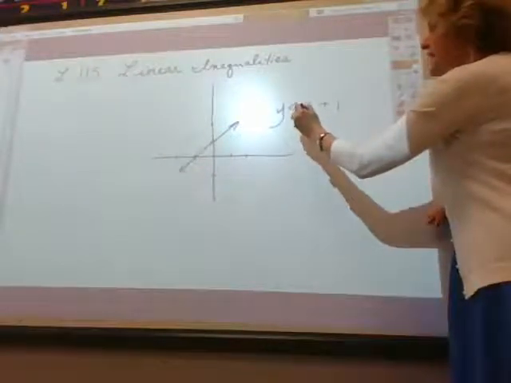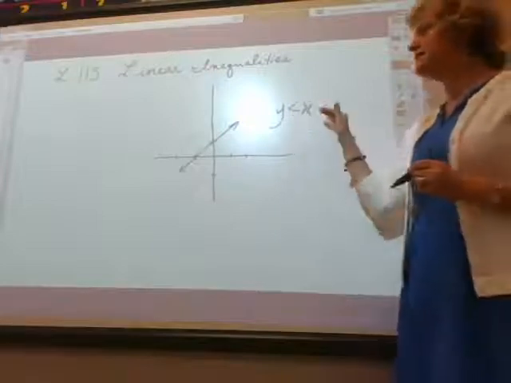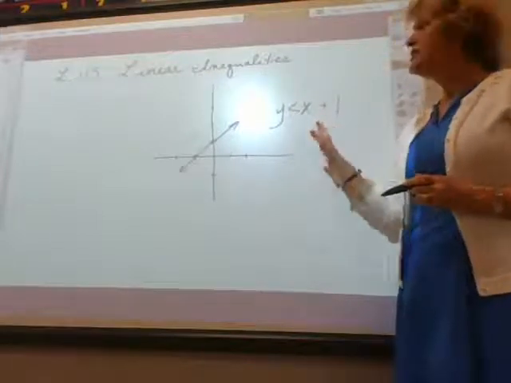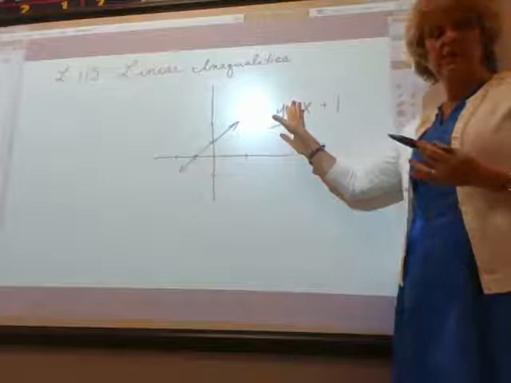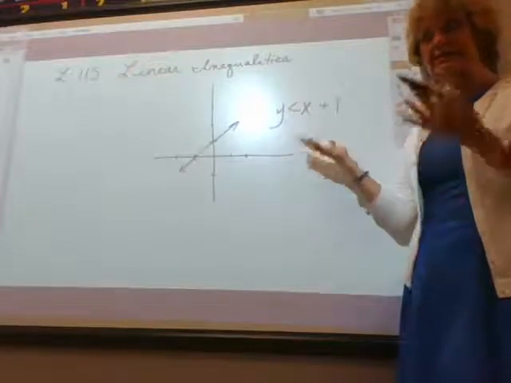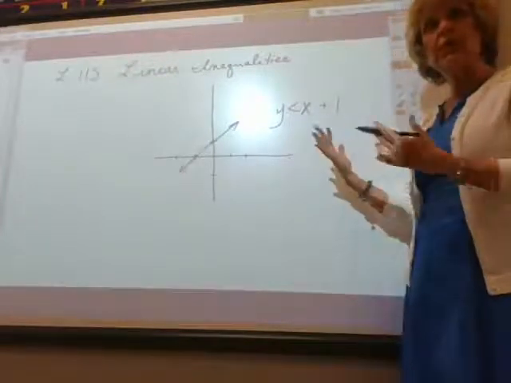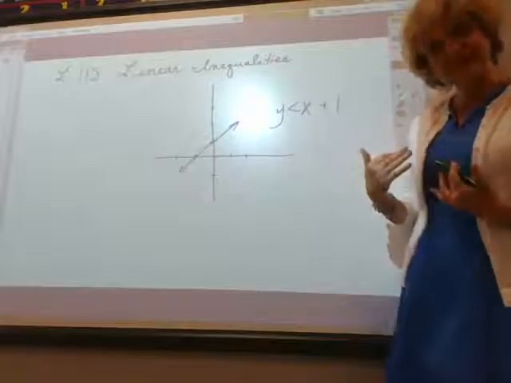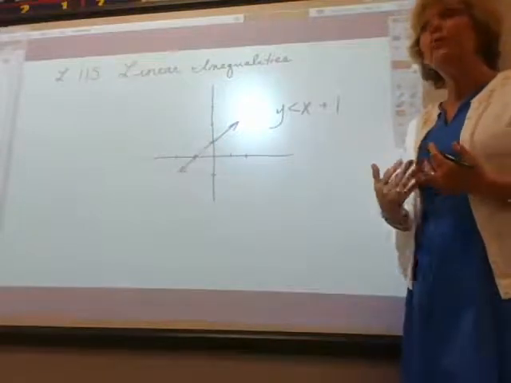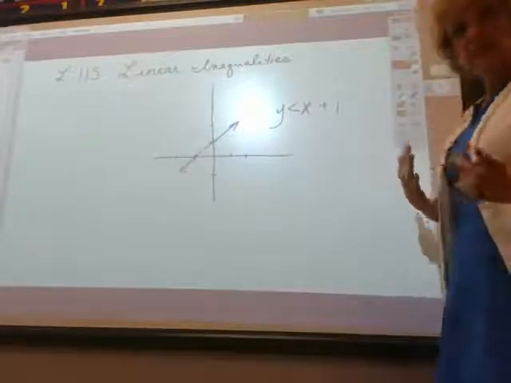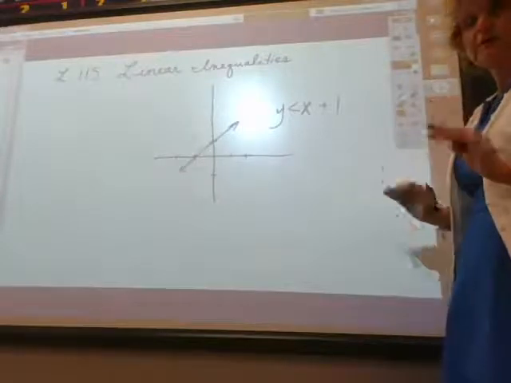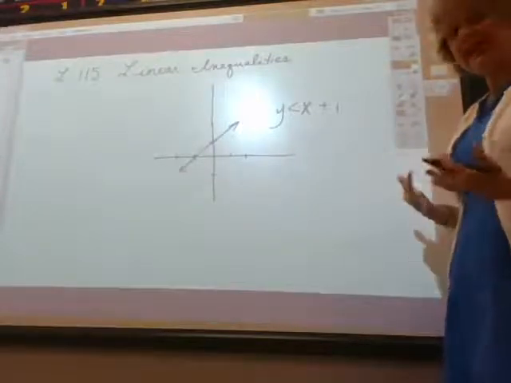All right? You're just not going to have the equal sign. So let's say that y is less than x plus 1. I treat it as though it's an equal, and I plot it either using slope-intercept, or maybe using intercepts if it's in standard form, or an XY table where you plug in points. That'll work as well. We tend to like slope-intercept.